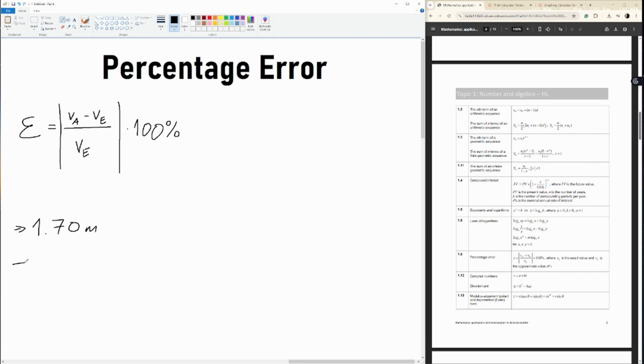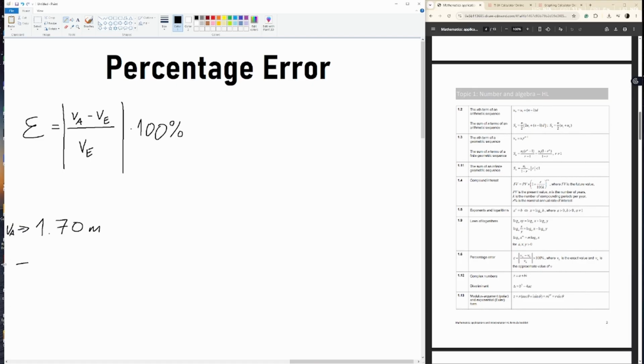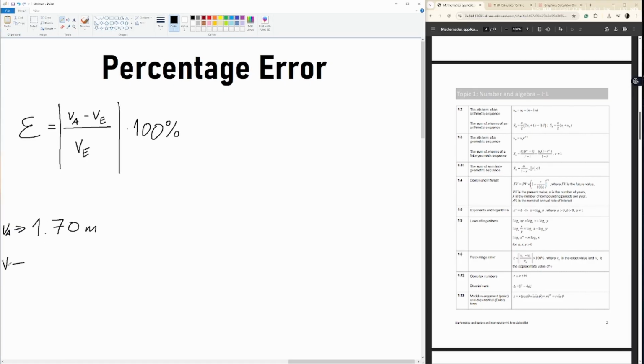However, then people have measured him, and it's found out that he's actually 175, and then you calculate how much it was different as a percentage.